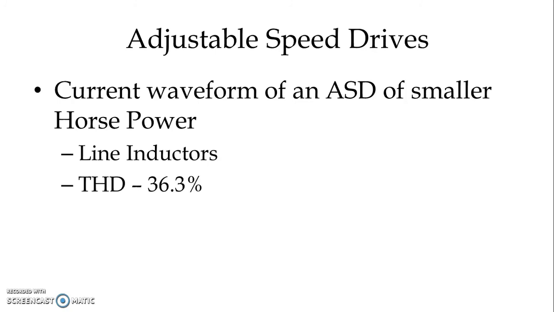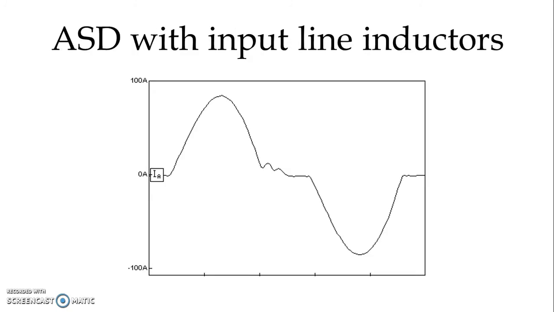Total harmonic distortion can be calculated as 36.3%, and this is the waveform of the current distortion of the smaller horsepower motor operating at 50 Hz. We have considered the fundamental frequency as 60 Hz, and we are operating this drive at 50 Hz with the line inductor, and we can see that because of line inductance as well as motor inductance, the current waveform distortion is very low.